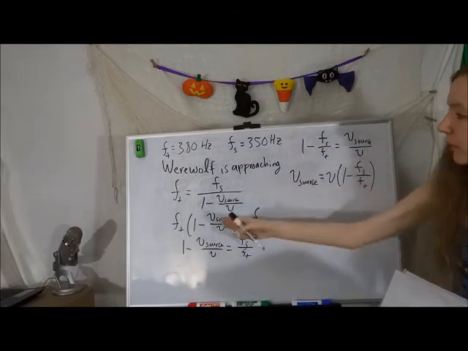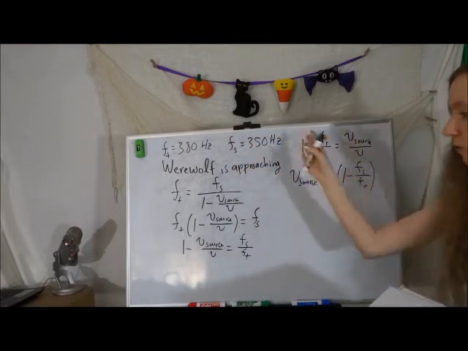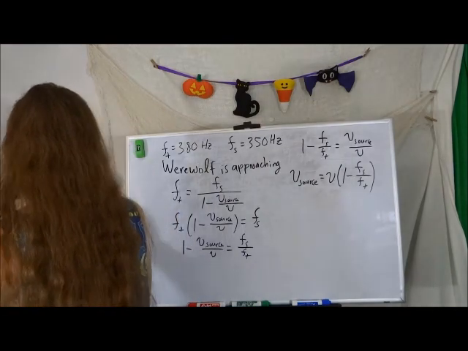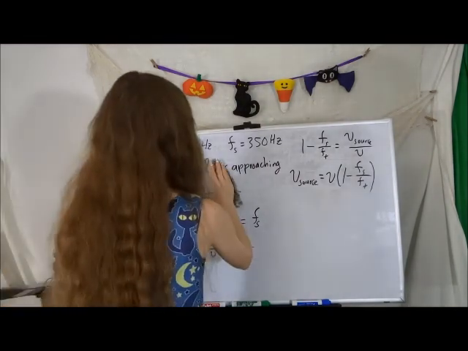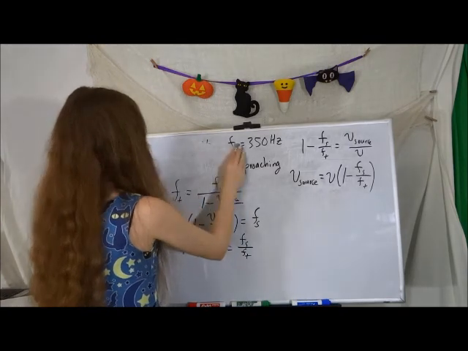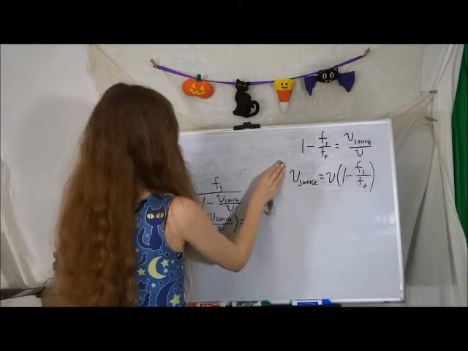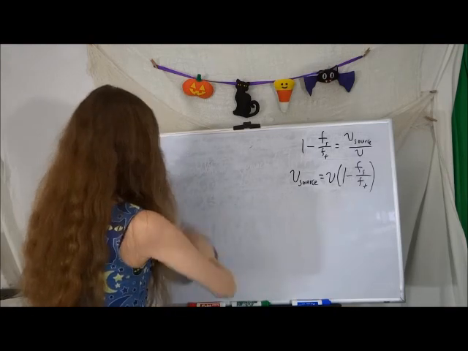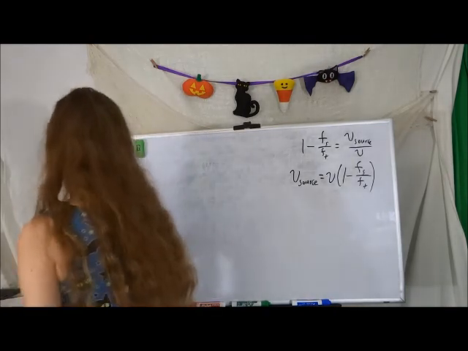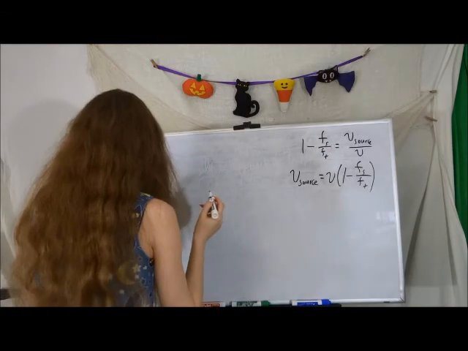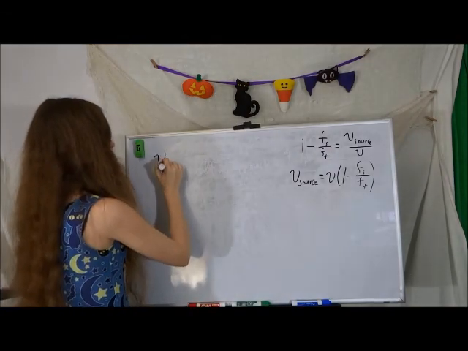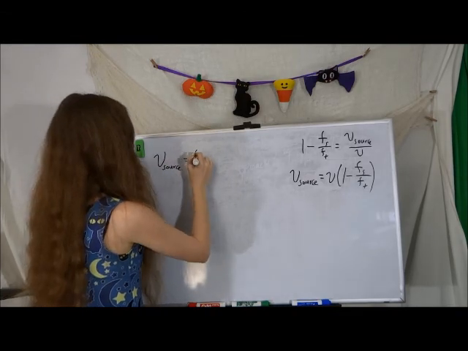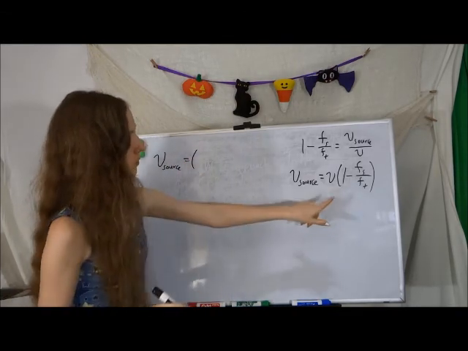So I'm going to rewrite the equation on this side of the board so we have a little more room to plug our numbers in. And so we're going to have that our werewolf speed is equal to, well, the speed of our wave.